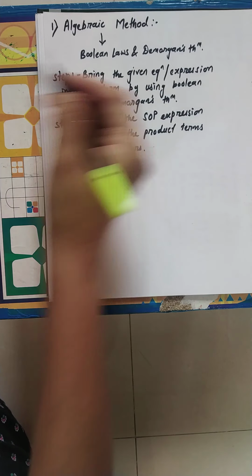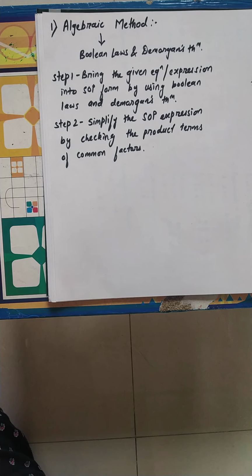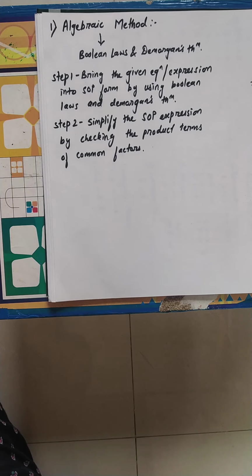The output of step 1 is the equation in SOP form, and in step 2 we have to simplify that SOP expression. And how are we going to simplify? We can take the common factors from the product terms.